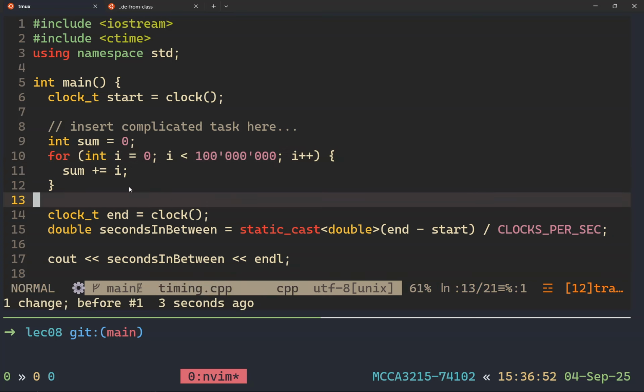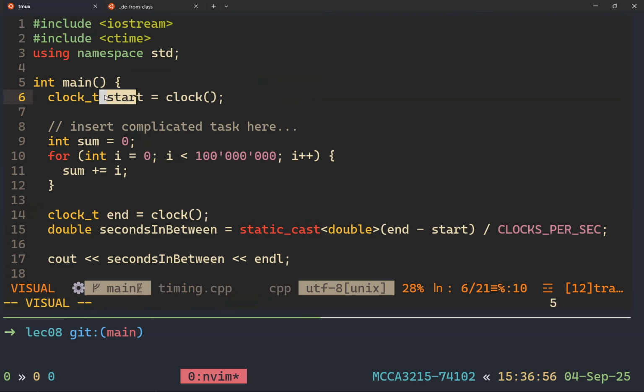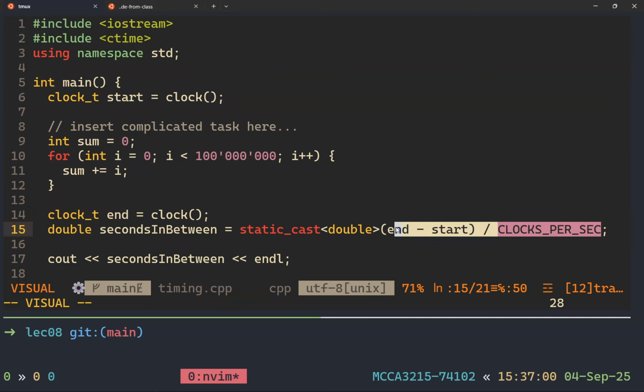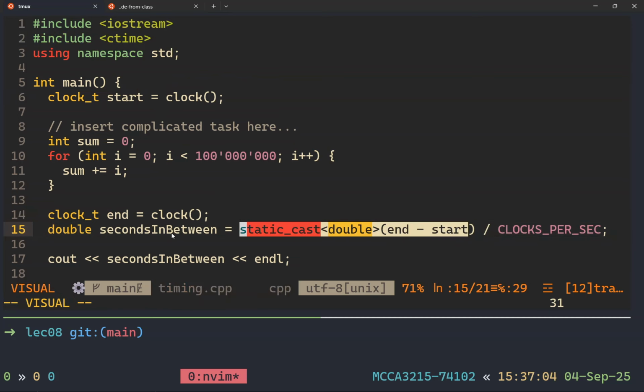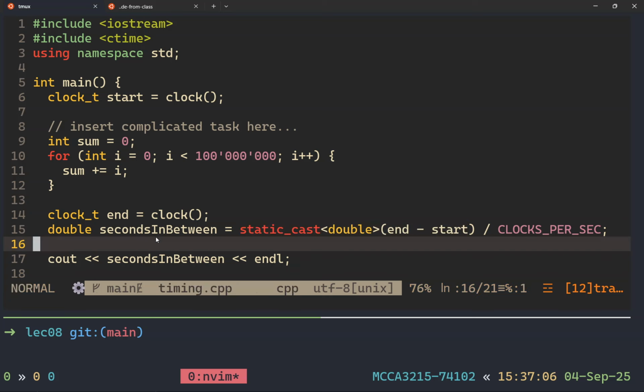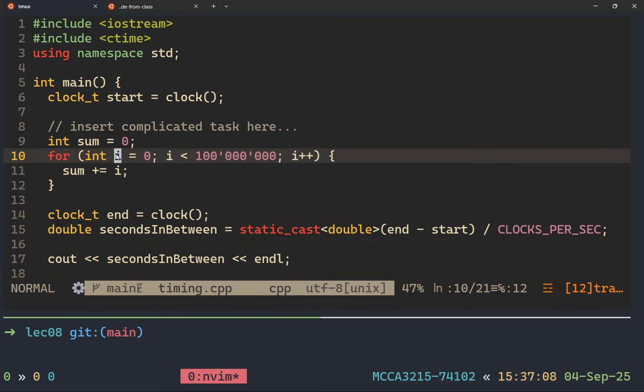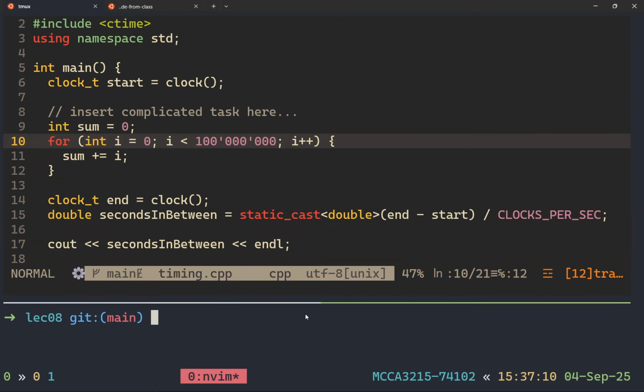Then you can subtract start from end and then divide by CLOCKS_PER_SEC, but all these are integer values secretly. And so you have to convert one side to a double if you want actual seconds with decimals. And that's pretty much it. It's just adding up a bunch of numbers from 0 to 100 million.